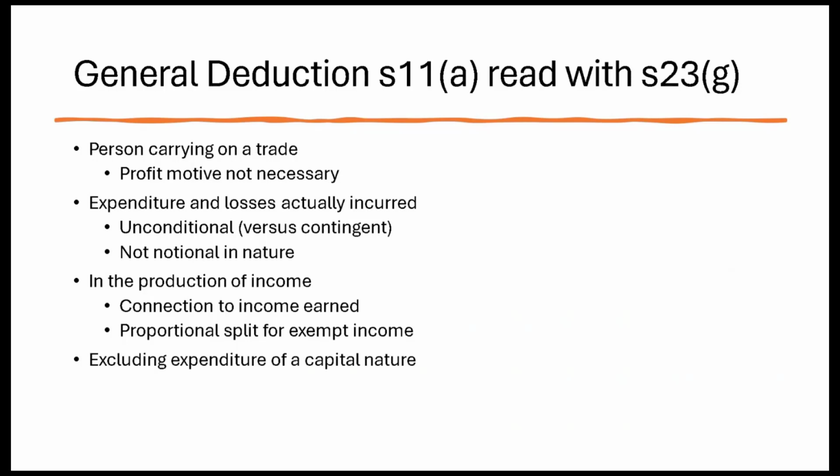As long as I've got an expenditure that I've incurred from carrying on a trade, and that expenditure is linked to the production of income, then I can deduct it. If it's half of the expenditure, then you can deduct half of the expenditure. But you have to be able to link that expenditure to the carrying on of a trade and to the production of income.